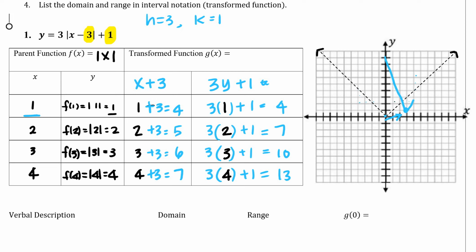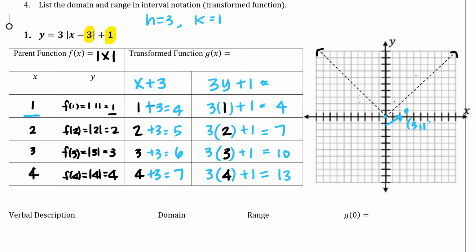Of course, I have to use a reference point. It was stretched 3 times by this point. Let's do it again. 3 and 1, that's my vertex. This point transforms to here.